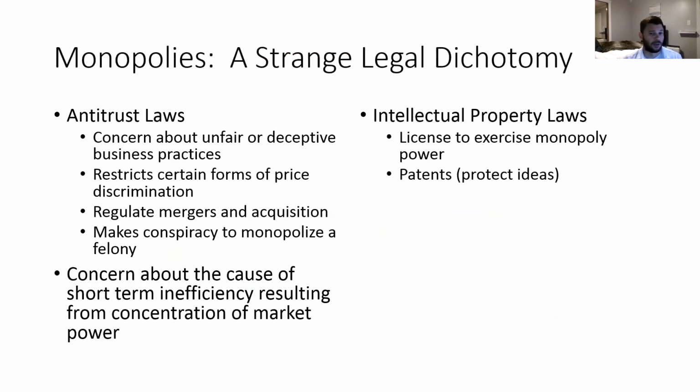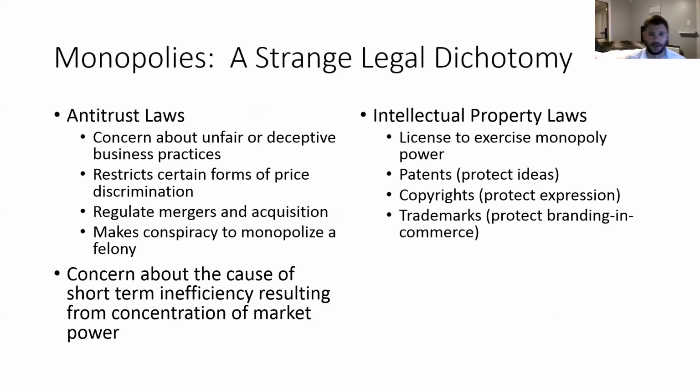So you have that long to essentially extract monopoly profits before the idea goes into the public domain and then anybody can use it. Copyrights, which protect expression, have even longer durations of protection, I think on the order of 70 to 120 years, depending on things like when the author of the work passes away.